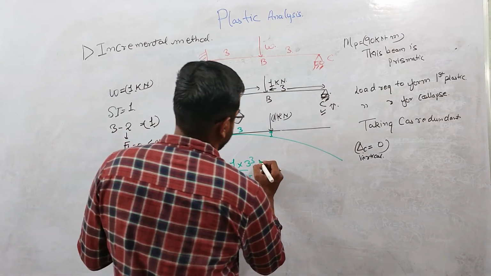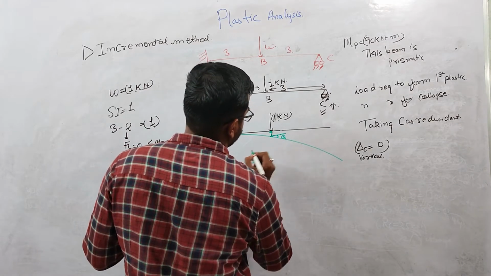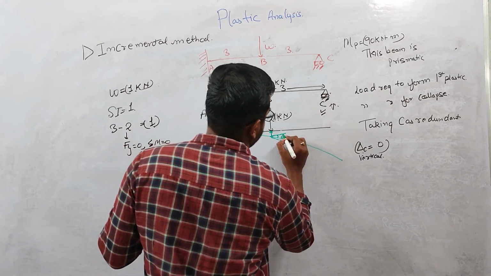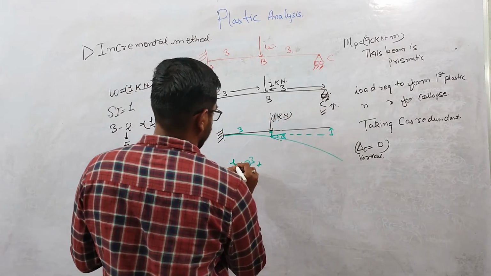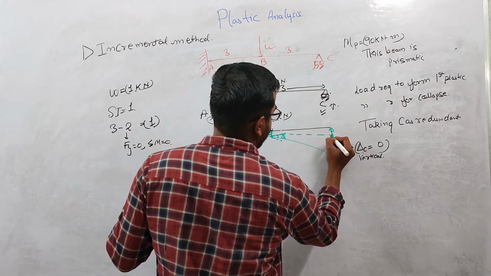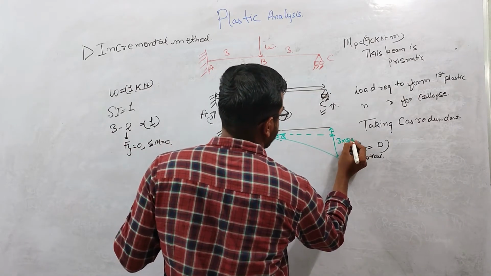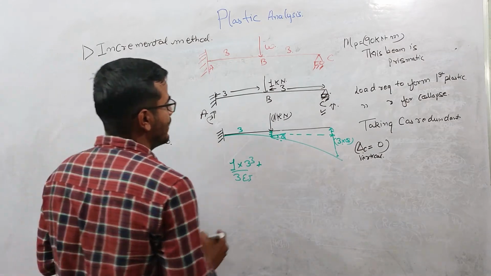Okay. Plus, here there is one theta at this end, and this I can calculate as 3 into theta. Okay. So what is the value of theta under this point load?